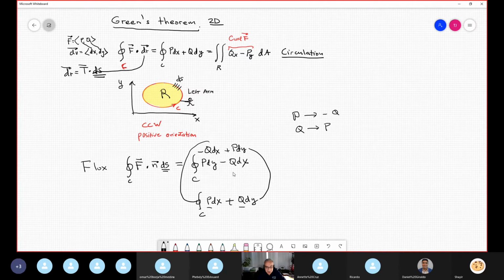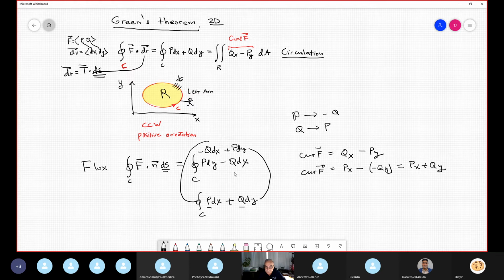So using this analogy, in order to compute, for example, the curl of f, when you compute the curl of f, remember, q is p, this is p x, and minus p is q, this is minus q y. And we have a double minus, so this is p x plus q y.